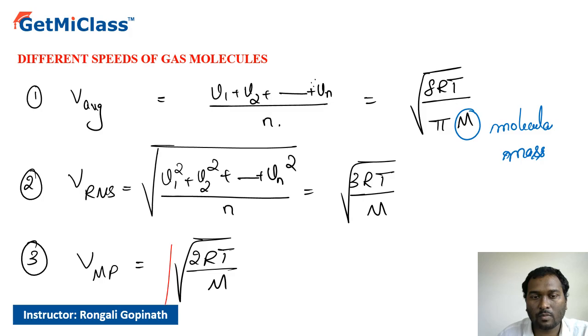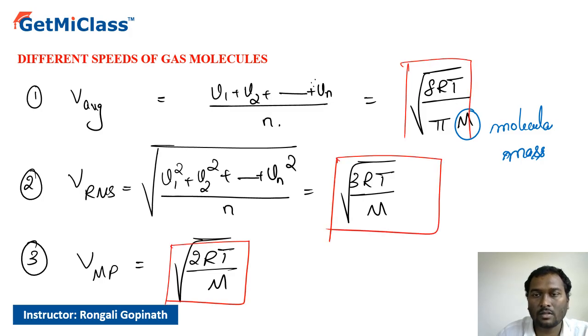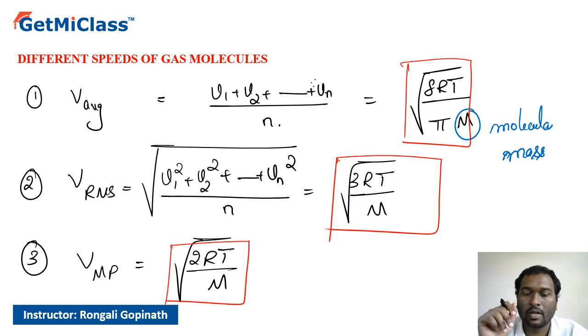Remember, these formulas are very important. You just get questions based on these formulas, nothing else. And if you look at all the three formulas, only the initial coefficient is different. In V average it is 8 by pi, in Vrms it is 3, in V most probable it is 2. Okay, so this is very important. Alright.